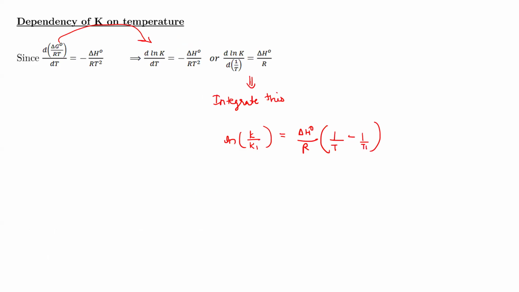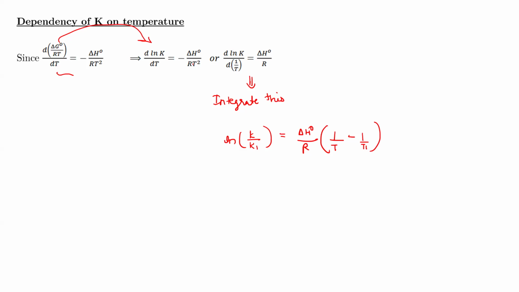Now, coming to the K here, we know this at the standard state, and again this is equal to delta H naught by RT square. This is the basic relation we have been studying so long.